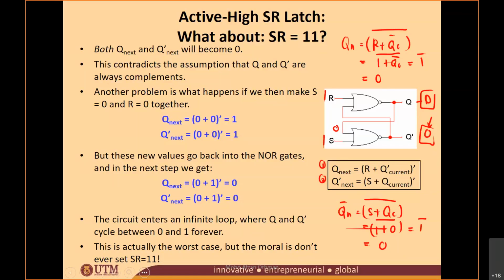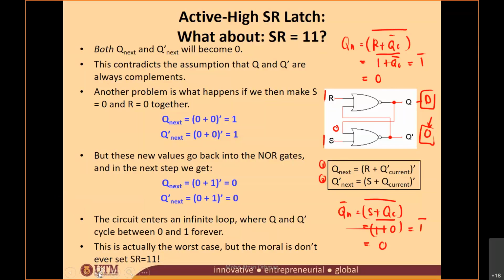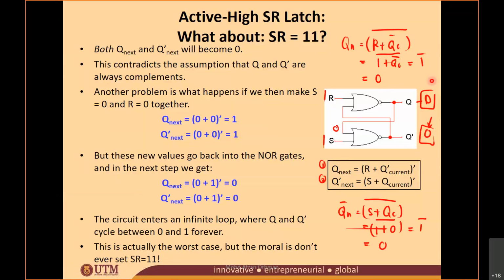Okay, so since both outputs of the latch give the same output value, this contradicts the assumption that Q and Q bar are always complement. Okay, so in this case here, if you put SR sama dengan 1, 1, this is what we call a forbidden input.